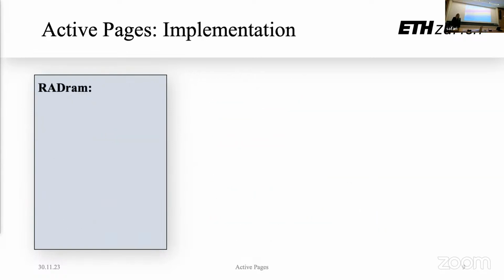So now, having talked about the active page model, we're going to focus on the implementation of this model. Even though active pages can be implemented with a variety of different architectures and technologies, the focus of this paper lies on integrating FPGA logic and DRAM technology, here referred to as RADRAM.